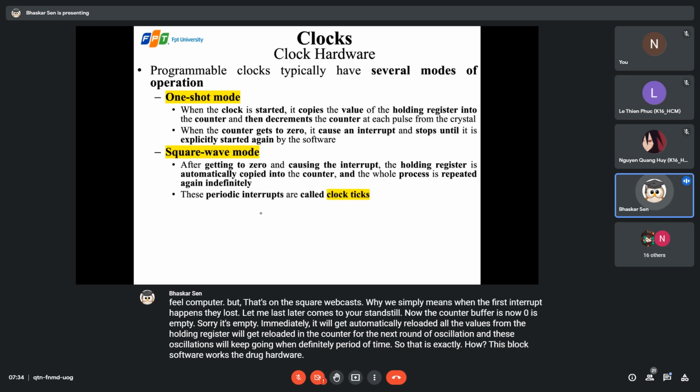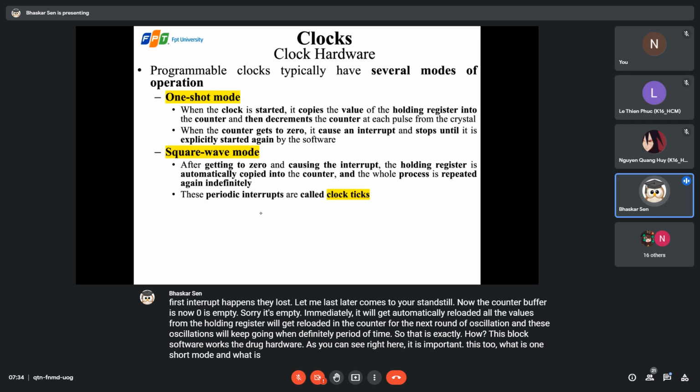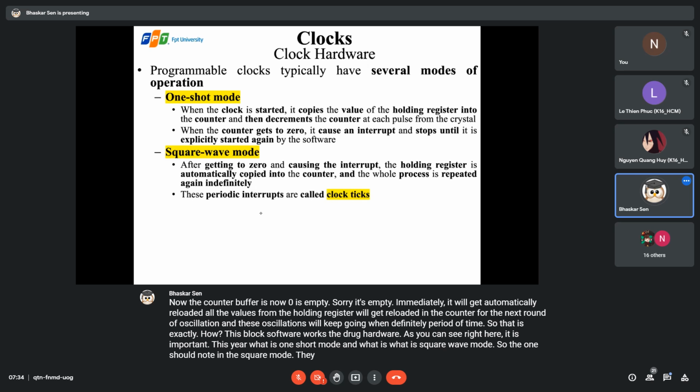As you can see right here, it's important to know what is one-shot mode and what is square wave mode. The one-shot mode and the square wave mode keep oscillating in that way.